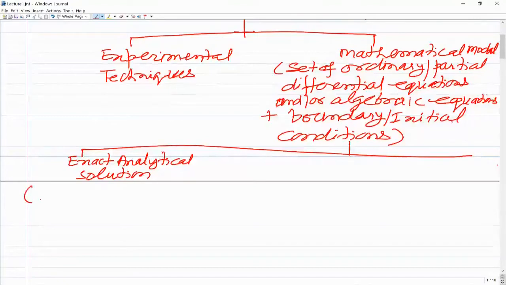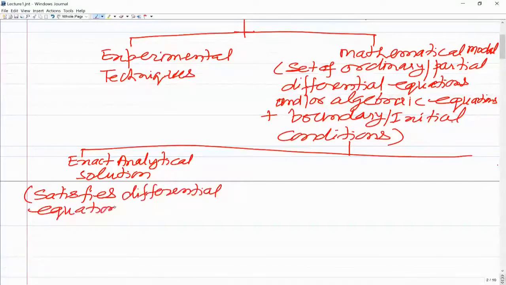What we mean by exact analytical solution is that it satisfies the differential equations, boundary and initial conditions exactly.